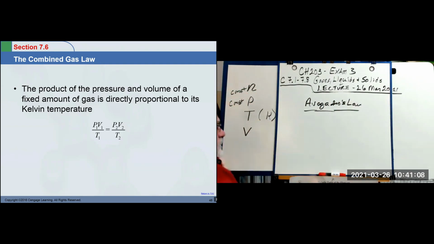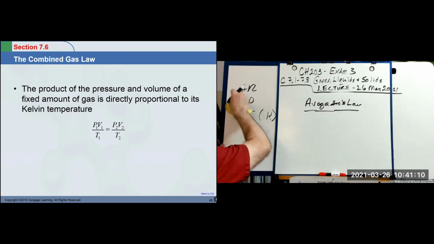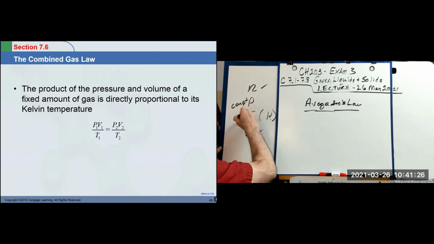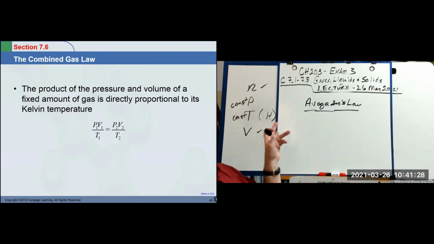But in Avogadro's law, we relate number of moles and volume. So these must be constant: constant pressure, constant temperature.